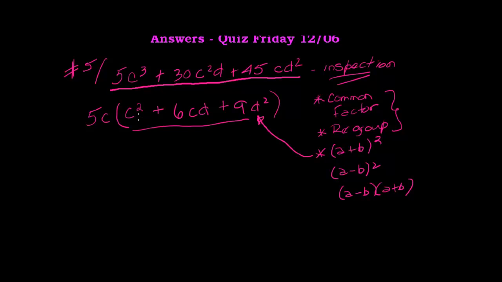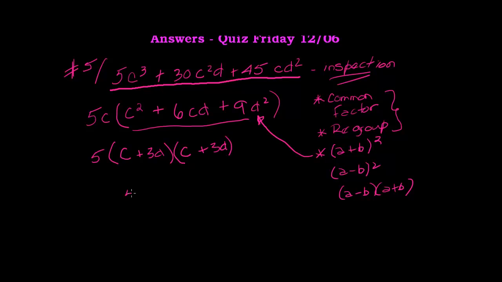We have a squared term in the front, a squared term in the back, and this is positive, so that means this is all positive factors. The square root of c squared is c, which means we have it both here and here. The square root of 9d squared is positive 3d and positive 3d.